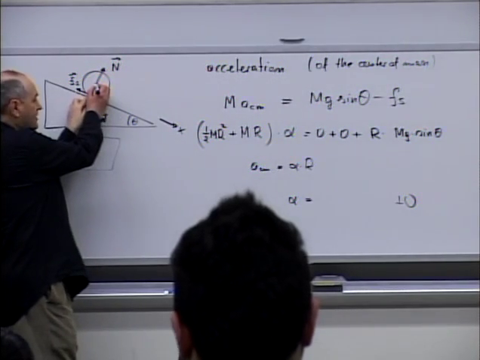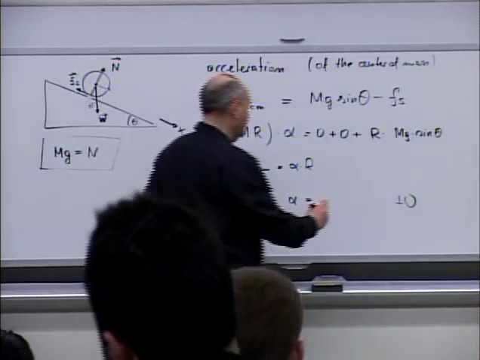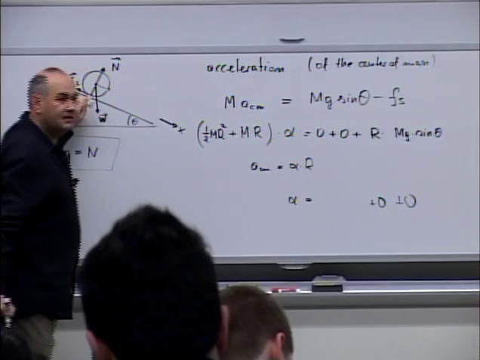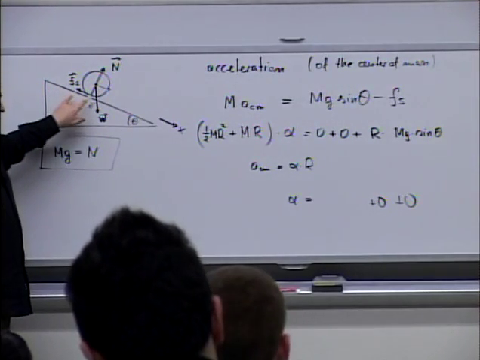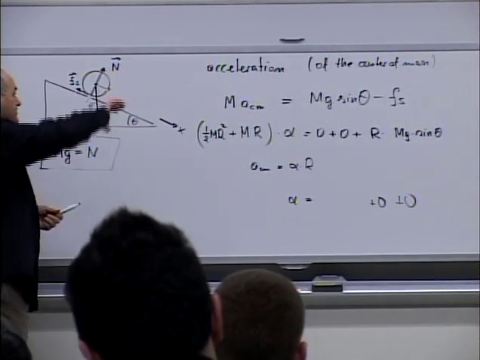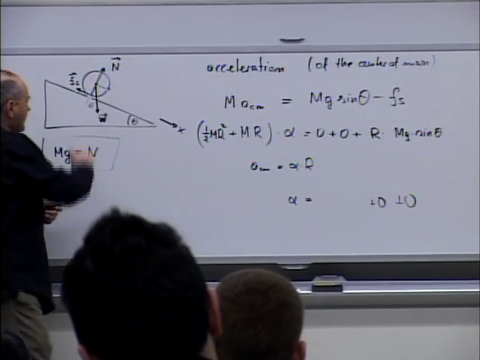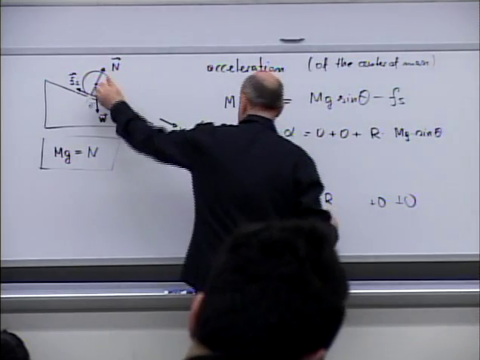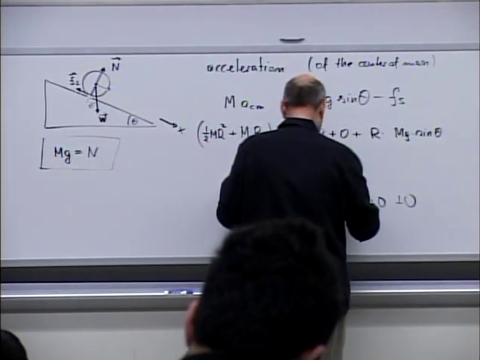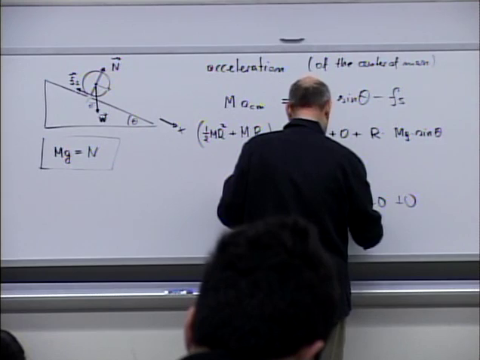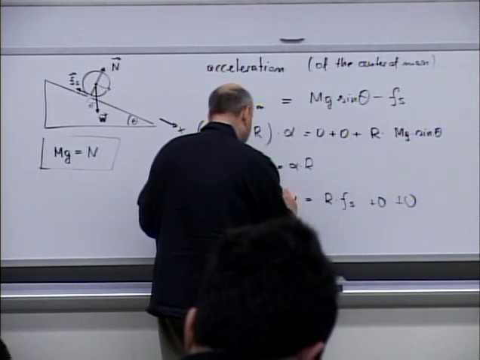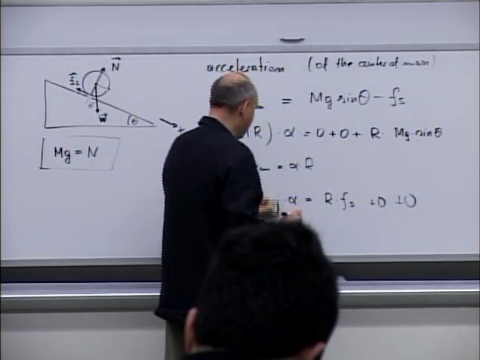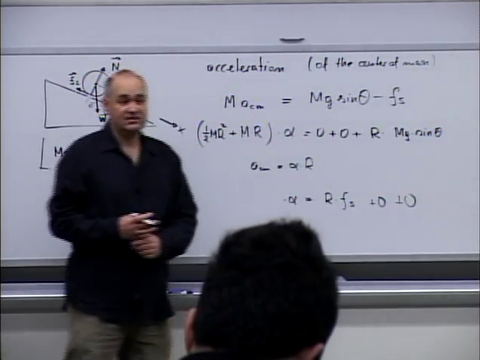Because again, the lever arm is 0. How about the frictional torque? Is it 0? No. And the lever arm is equal to the radius of that wheel, and the force is the frictional force. Now, what do I have to put for the moment of inertia this time?